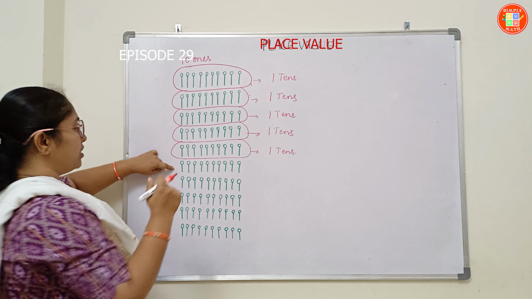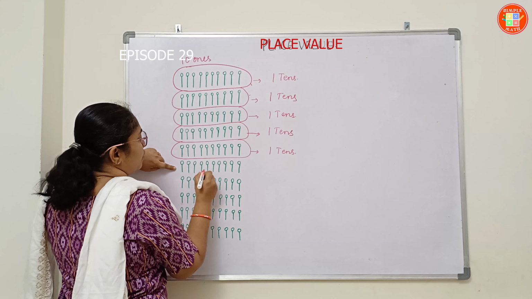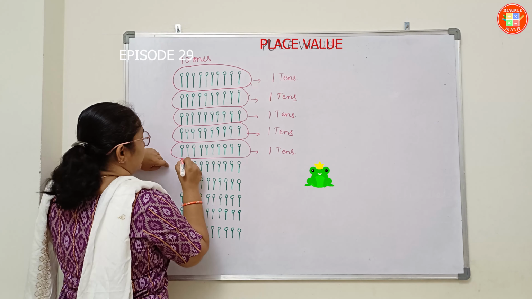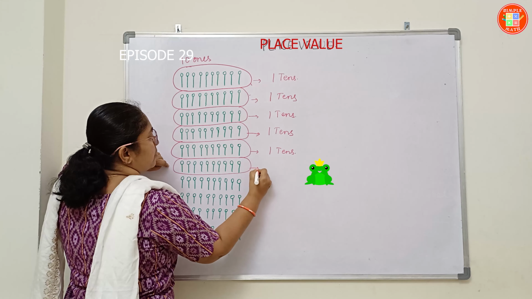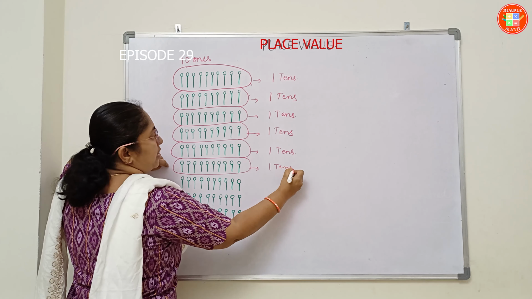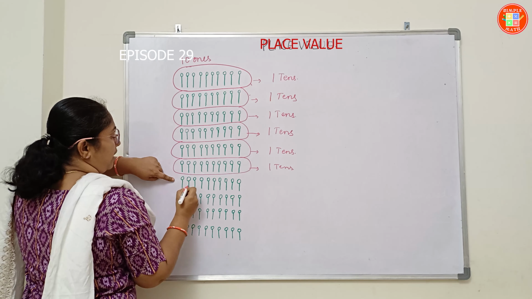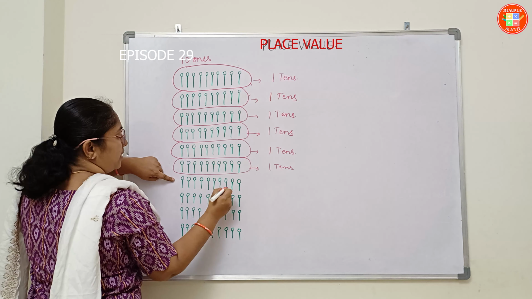The next count this row. 1, 2, 3, 4, 5, 6, 7, 8, 9, 10. Make this as a bundle. Alright, 1 tens. Then 1, 2, 3, 4, 5, 6, 7, 8, 9, 10.